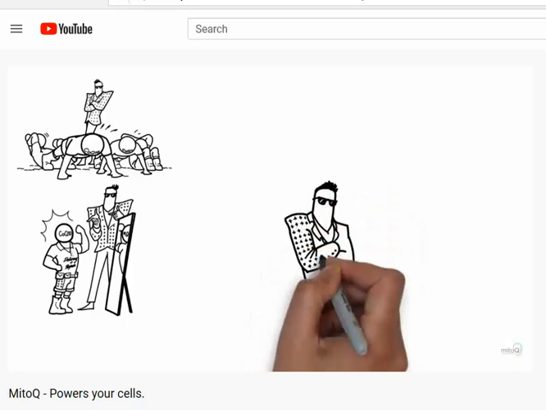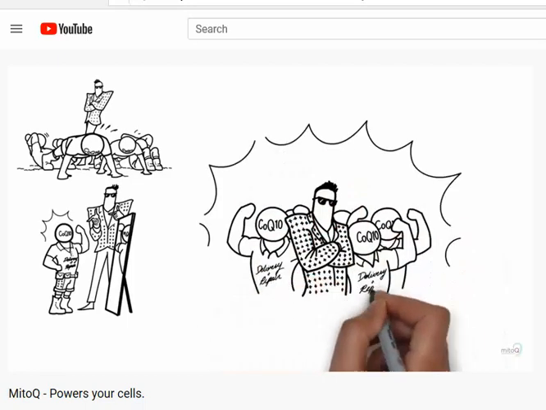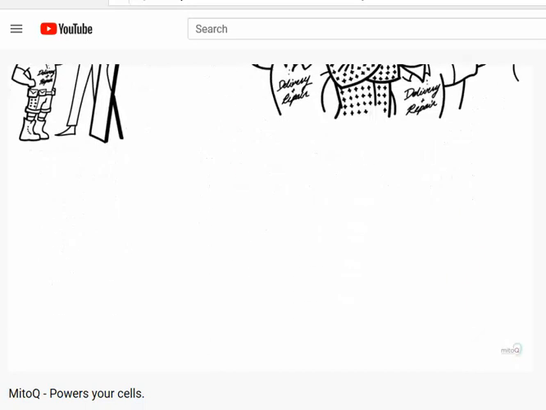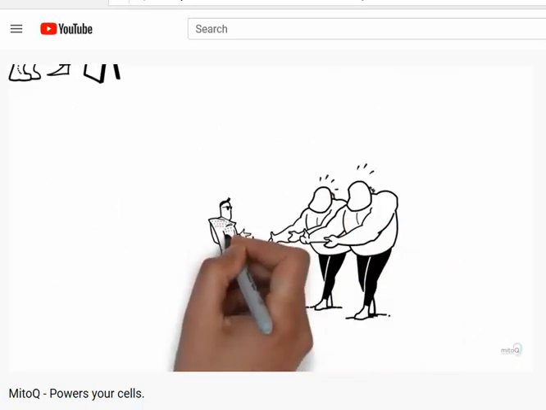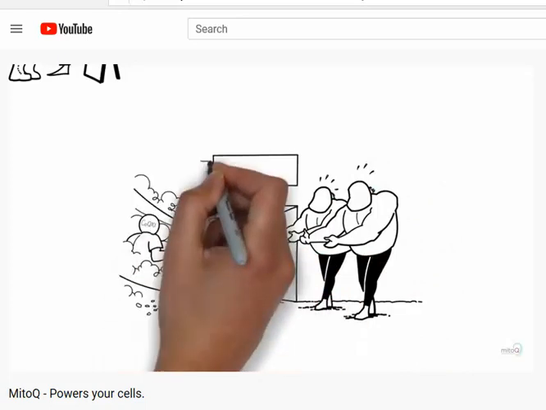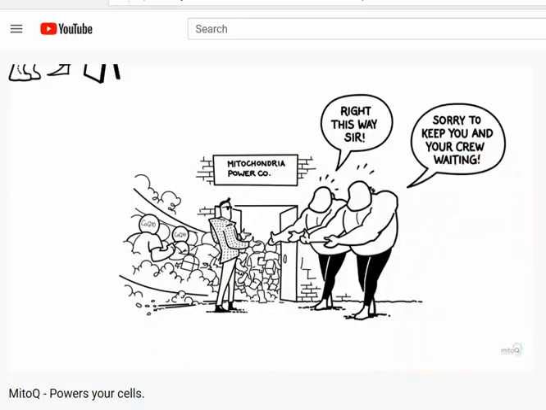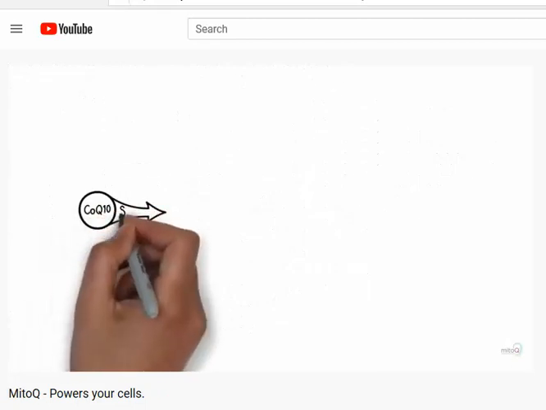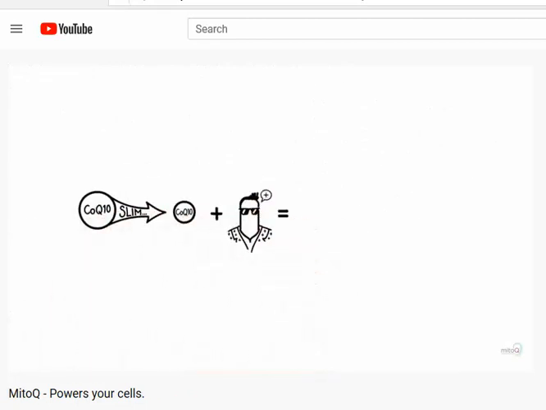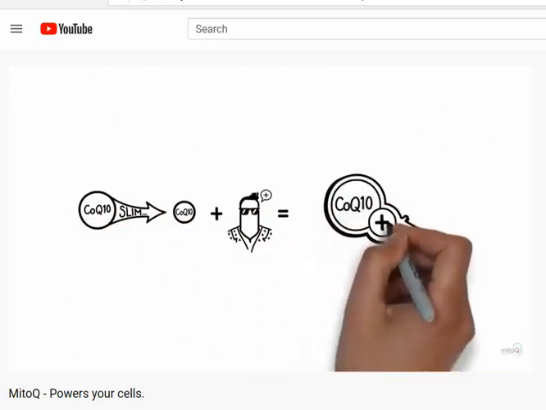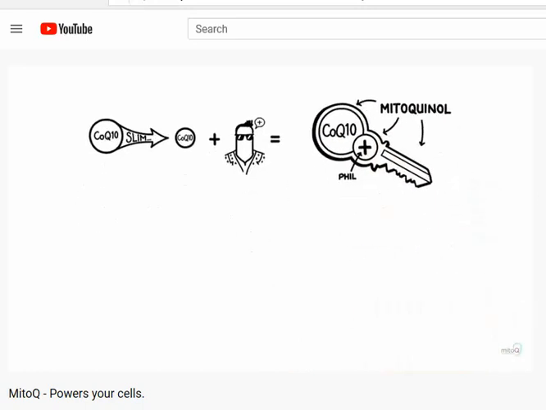And they'll bond together, forming an epic crew. When this crew rocks up to the double membrane, they pass the security checklist easily and are welcomed in. Slim CoQ10, bonded with Phil, is a dream team, known as mitoquinol, or MitoQ for short.